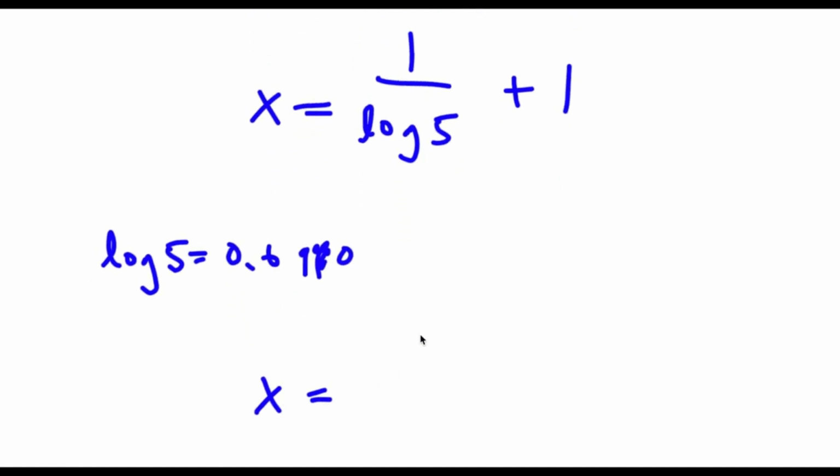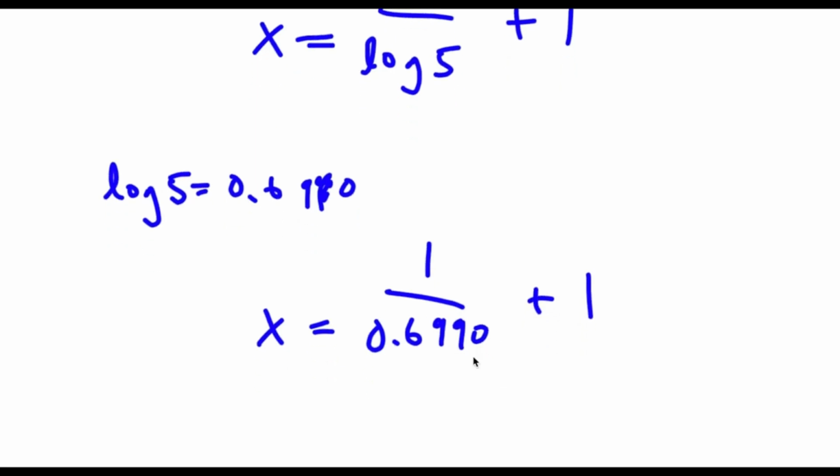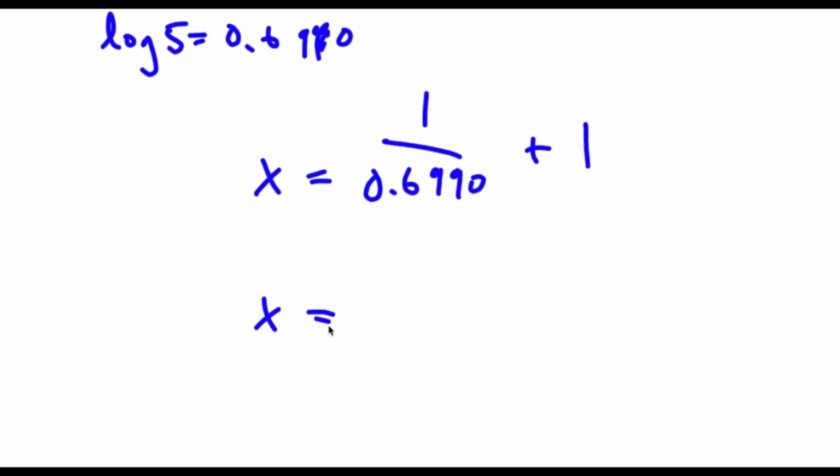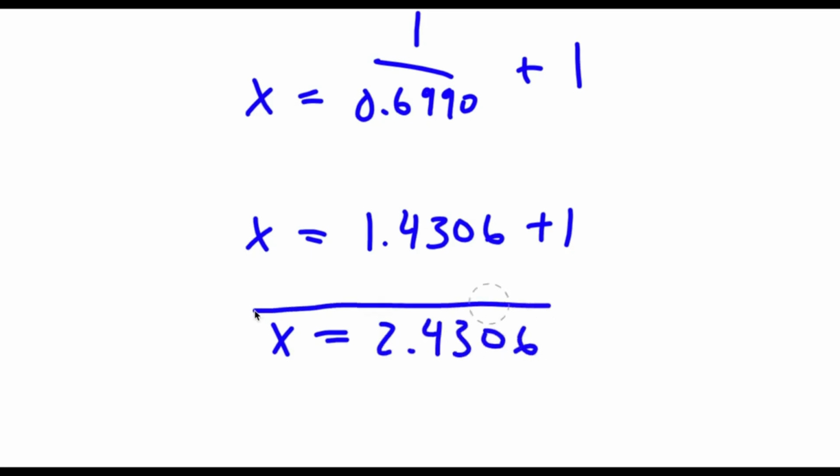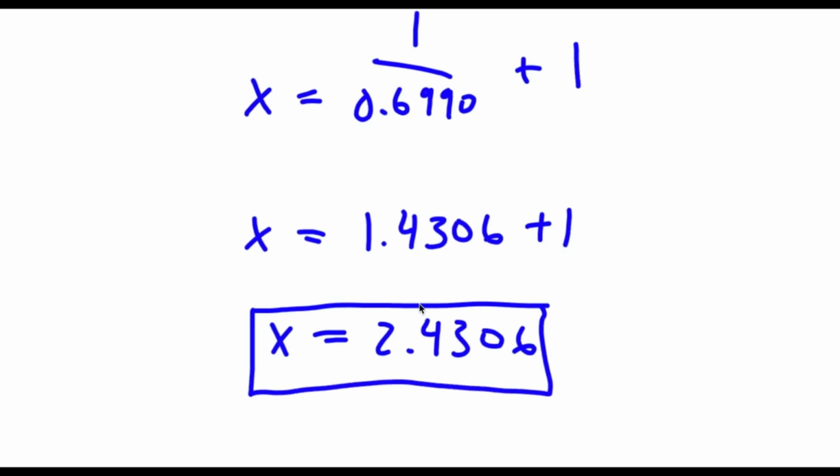So now I have x is equal to 1 over 0.6990 plus 1. Now 1 over 0.6990 is 1.4306, plus 1. This is equal to 2.4306. So that is our answer.